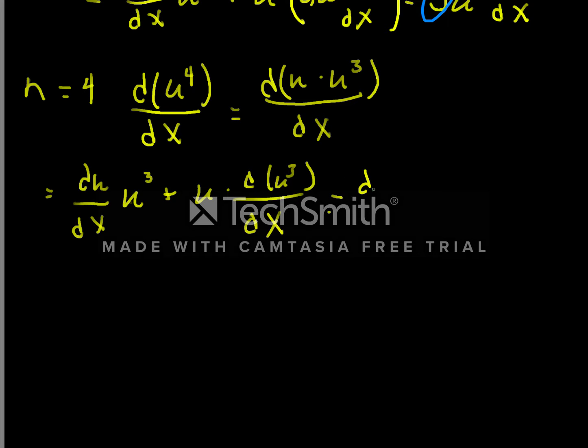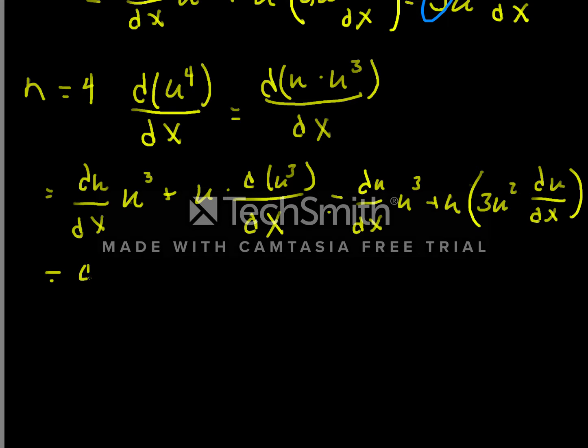The first term can't be simplified anymore, but from the previous step, I know exactly what the differential of u cubed is. So this is plus u times 3u squared du/dx. I've got a u cubed here, and 3 u cubed here, so this is equal to 4u cubed du/dx.